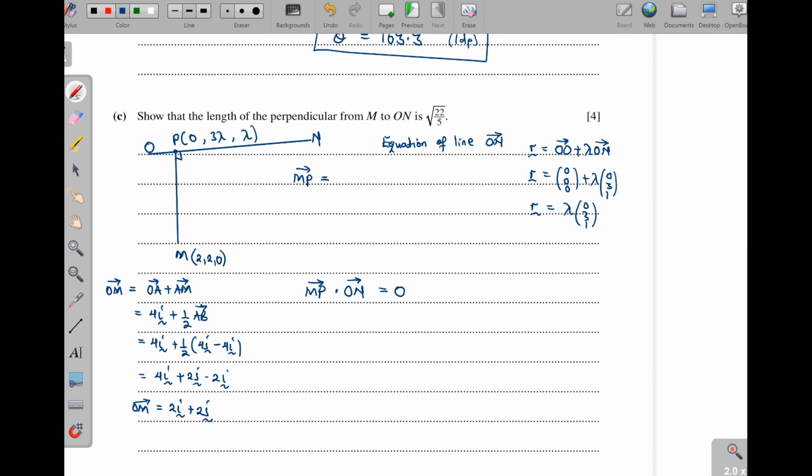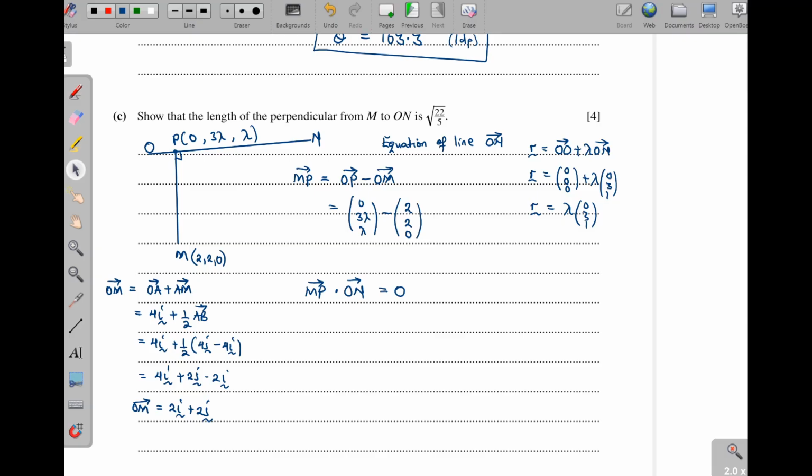What are we going to have? We are going to have OP minus OM. So our OP is 0, 3 lambda, then lambda here, minus OM. Remember, we got it as 2, 2, 0.